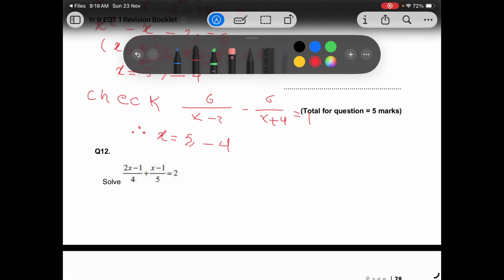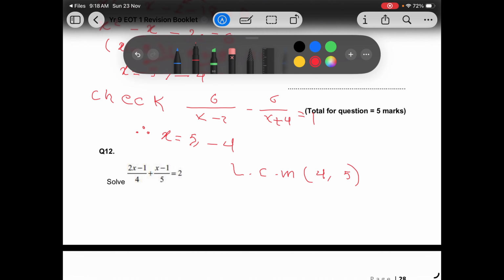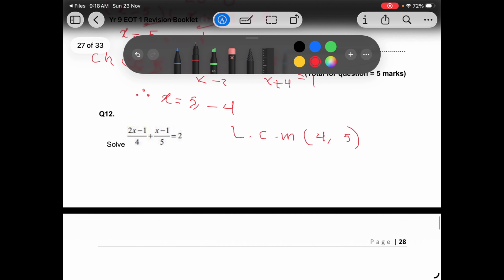So my question here, what is the least common multiple for these two guys, which is 4 and 5? And you know, guys, that the least common multiple for 4 and 5 is 20, right? So one thing I can do here is I will rewrite this equation again, make it easy on your eyes.